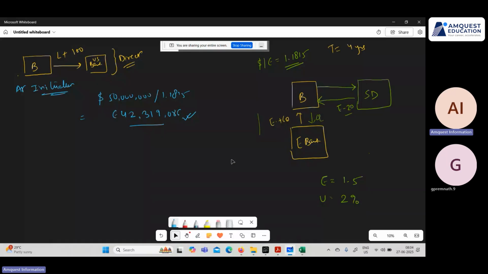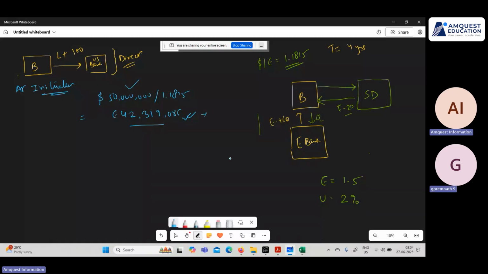So what I was saying is, you remember the case when I said that however much money he wants, in this case, it is $50 million, he will look at what would be the exchange rate and then borrow that much amount from the local bank. Is that correct? Okay. So keep asking me questions if you're not sure.